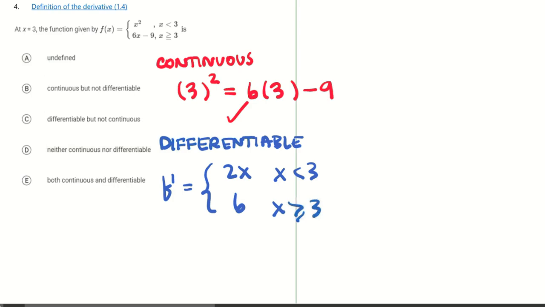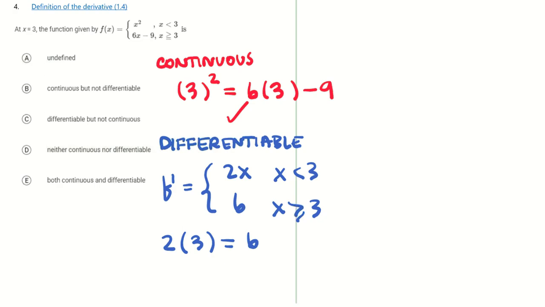And I can see that when I plug x equals 3 into the derivative, I'm getting the same slope from both sides, which means it's going to pass off from y equals x squared to y equals 6x minus 9 smoothly. So that means it'll be continuous and differentiable. And so I'll say both continuous and differentiable.